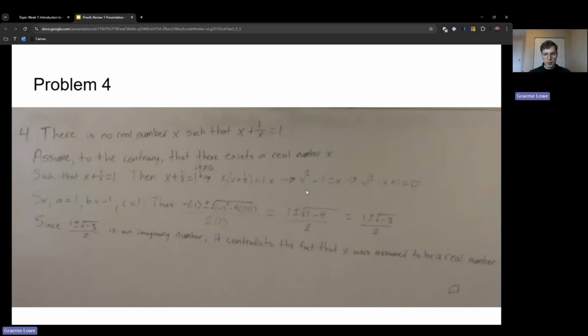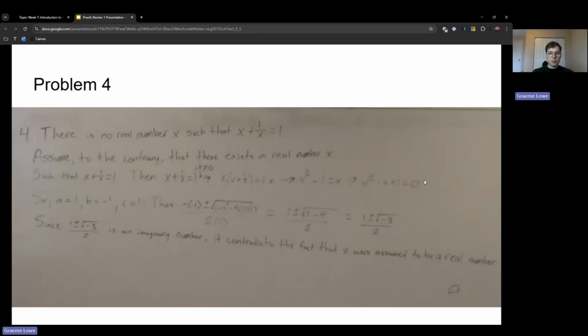And then on the other side, we have 1 times x equal to x. So we're going to make that equal to 0. We're going to bring the x over here, subtract it from both sides.